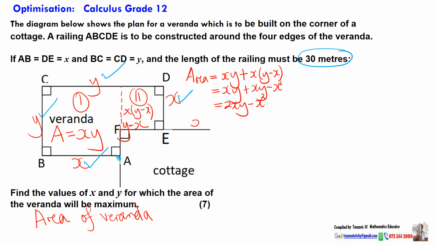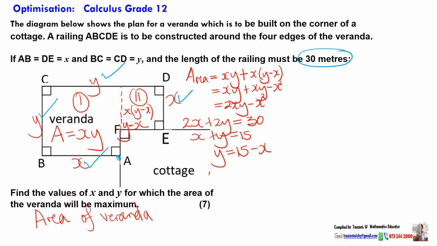If you add x plus y plus y plus x, it gives us 2x plus 2y. This is equal to 30. Then simplifying this equation to simplest form by dividing by 2, we get x plus y is equal to 15. Then from there, making y the subject of the formula, y is equal to 15 minus x.